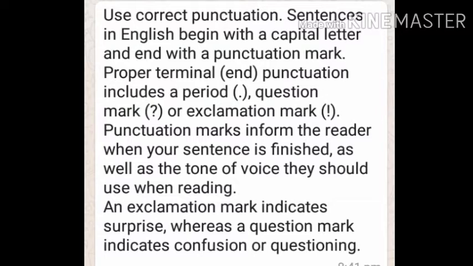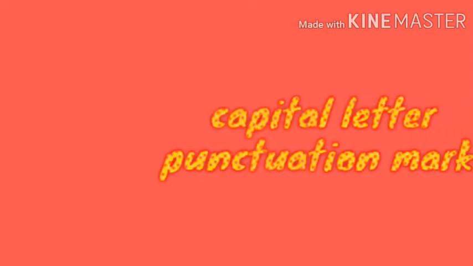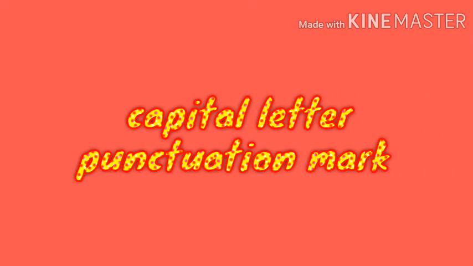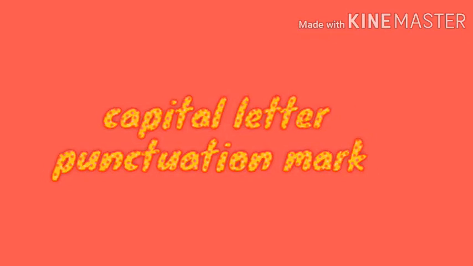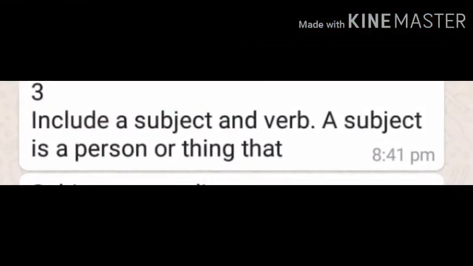Punctuation marks inform the reader when your sentence is finished, as well as the tone of voice they should use when reading. An exclamation mark indicates surprise, whereas a question mark indicates confusion or questioning. So my dear student, this was the second rule.